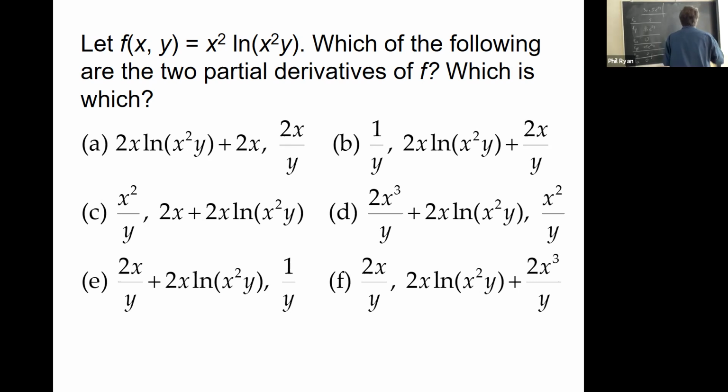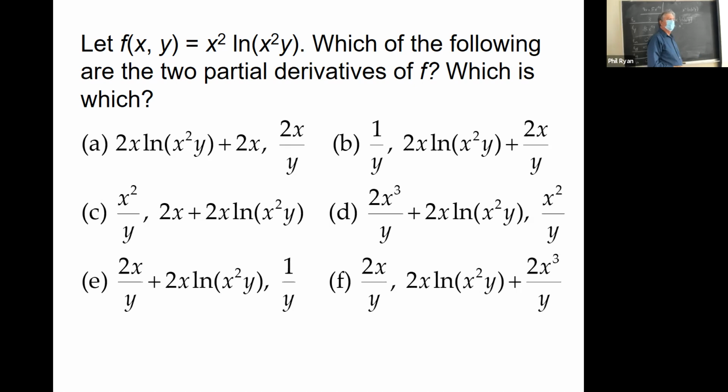So what's the partial derivative of this with respect to x? What do we have to use? Chain rule. So we have to have 2x times ln of x squared y. Okay, so that doesn't help us because that's in both of them. Plus x squared times the derivative of this with respect to x.